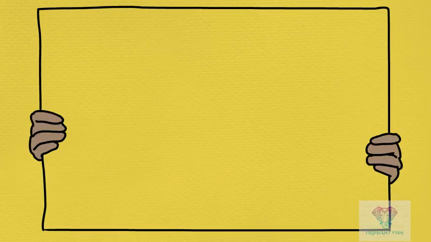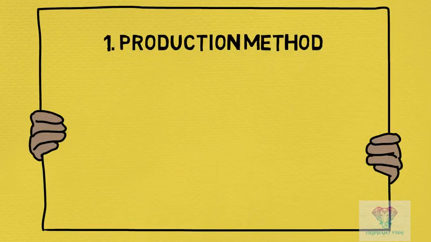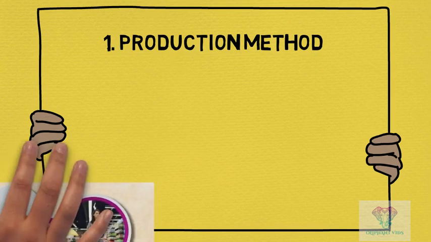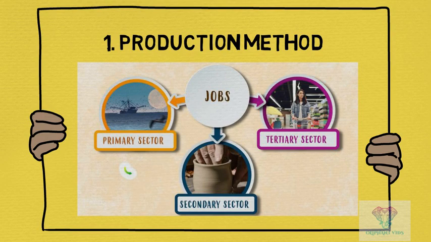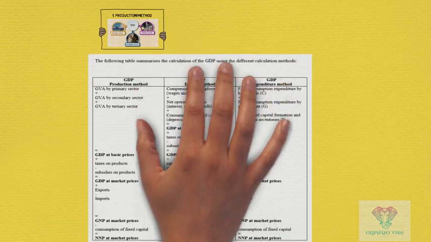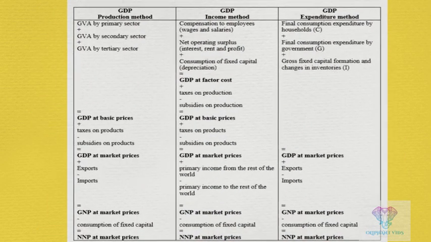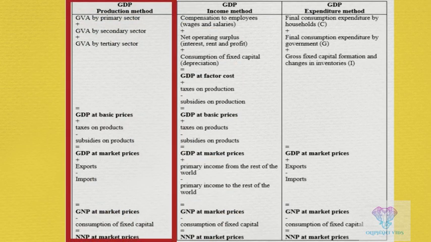Now let's look at the first one, the production method. The production method is going to add the final values of all goods and services produced. Now let's have a look at the calculation. The first thing that we're going to need in the production method is the primary sector. Your primary sector is going to involve agriculture, forestry, fishing, mining, as well as quarrying, plus your secondary sector.